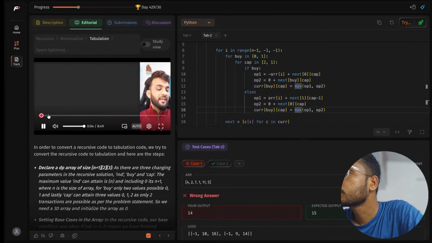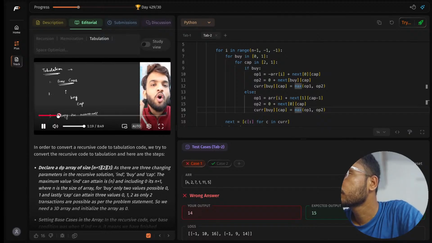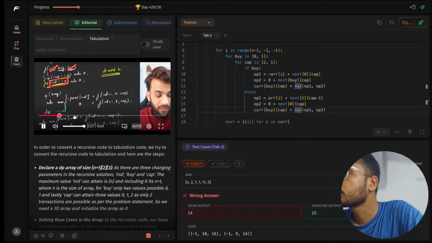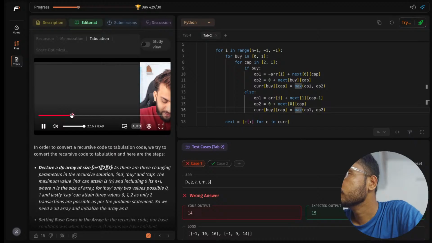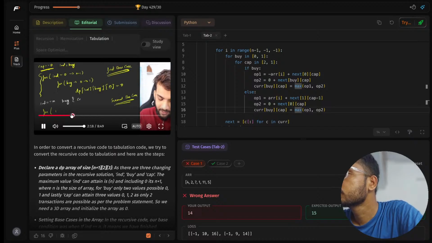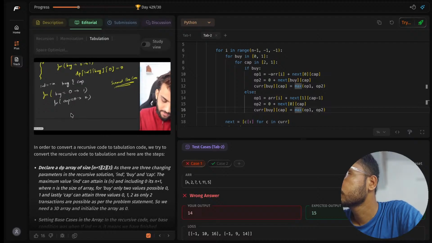So we saw the memoization code gave you the recurrence. Just make sure next and cap can be anything. So let me write. It states buy and cap can be anything. So buy can be from 0 to 1, cap can be from 0 to 2. Thereby, DP of index n, buy is right from here, cap is right from here, and that will be 0.